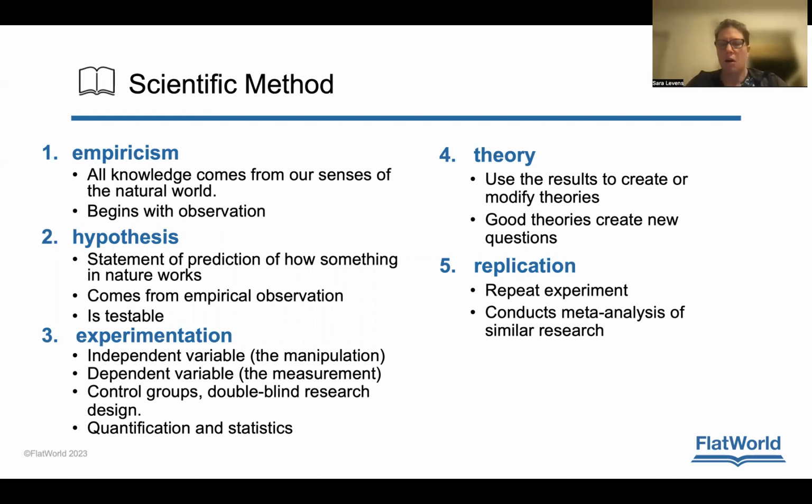So we are, as human beings, sort of like sensory processing systems. In this basic sense, everything that we know comes through our senses, of whatever natural world that we live in, and that's the reality that our brain creates. That's where all knowledge comes from.